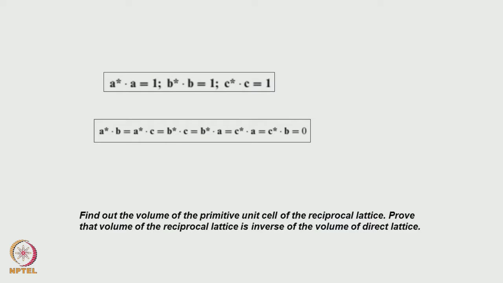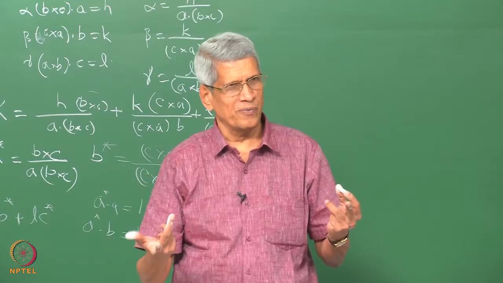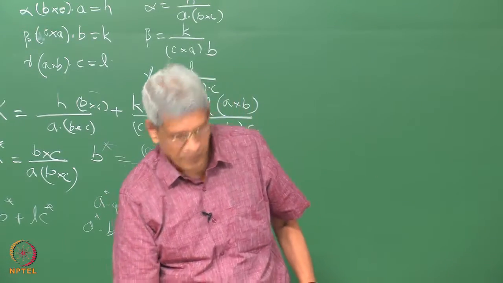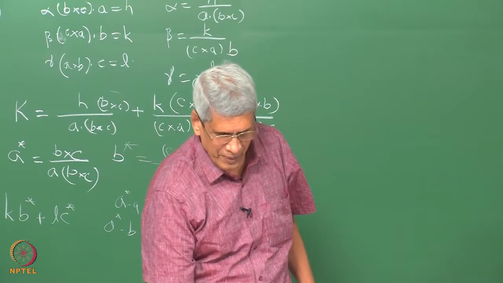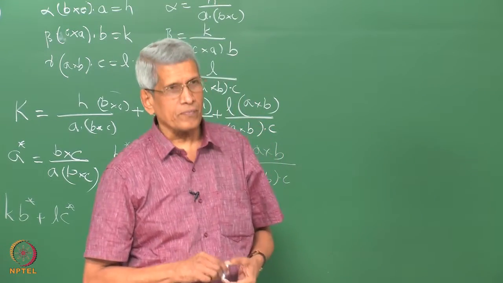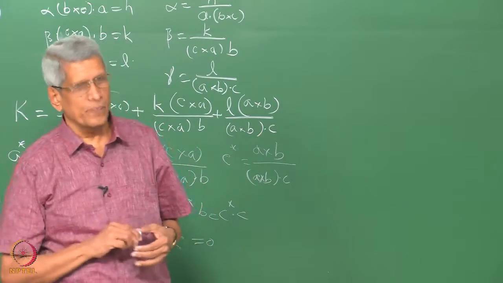A star contains a term B cross C, right? That vector will always be perpendicular, correct? So, a dot product with respect to B is 0, since they are perpendicular to each other. That is what it essentially means. This has nothing to do with the coordinate system. Now, what does this mean?